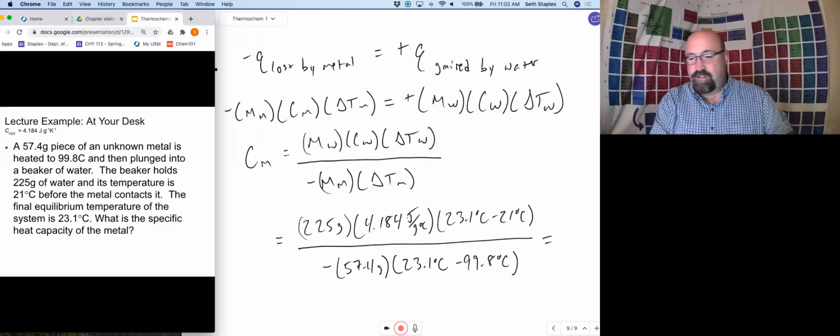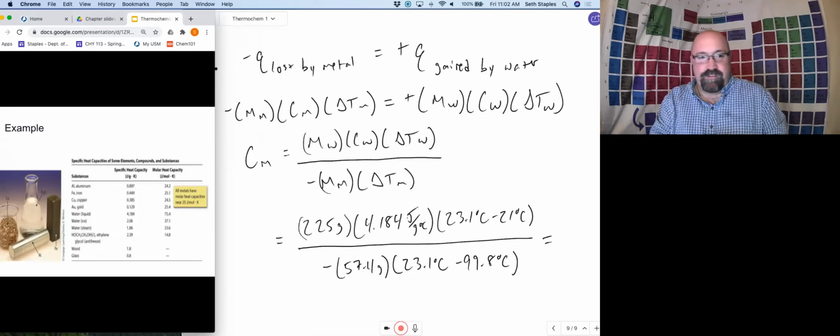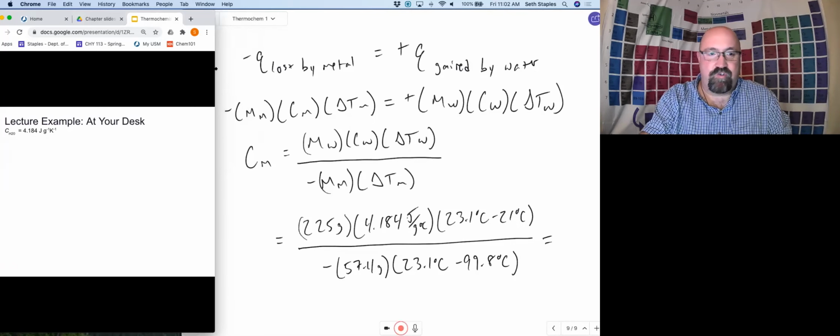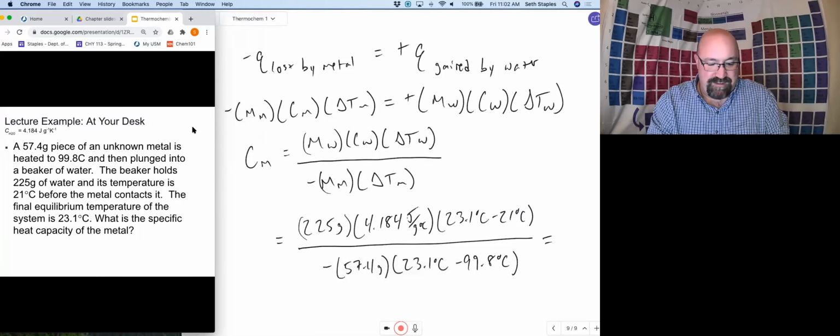We plug this all into the calculator, and it's possible before I get through this calculation that my cat will come up and join me. We will see.